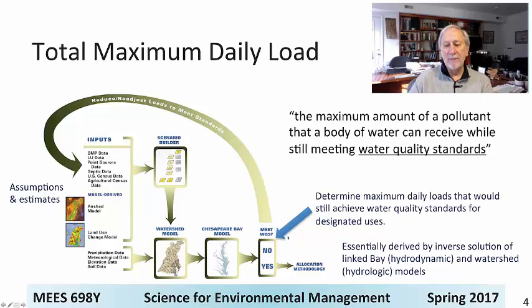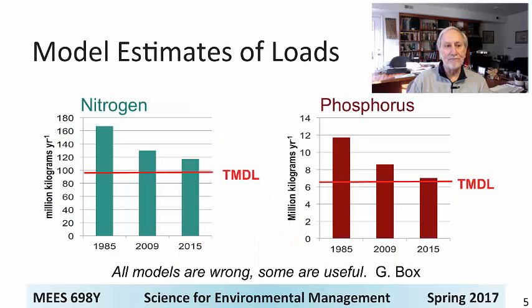So essentially, we're solving this by inverse solution to linked models: a bay model that's linked to a watershed model that has inputs, in which those inputs have a number of assumptions and estimates involved rather than discrete actual measurements based on observations.